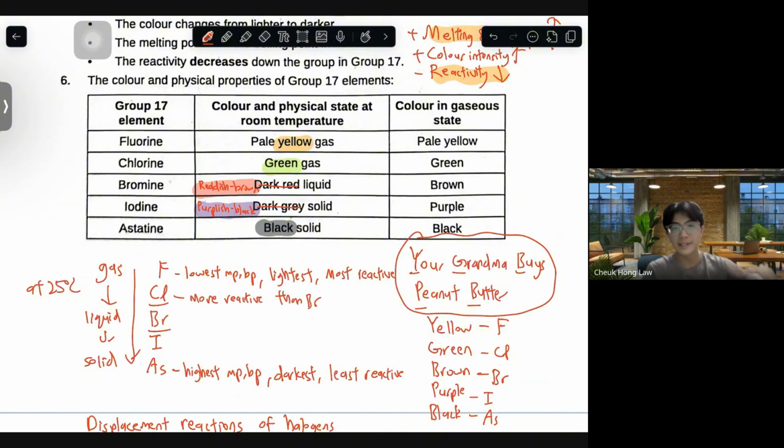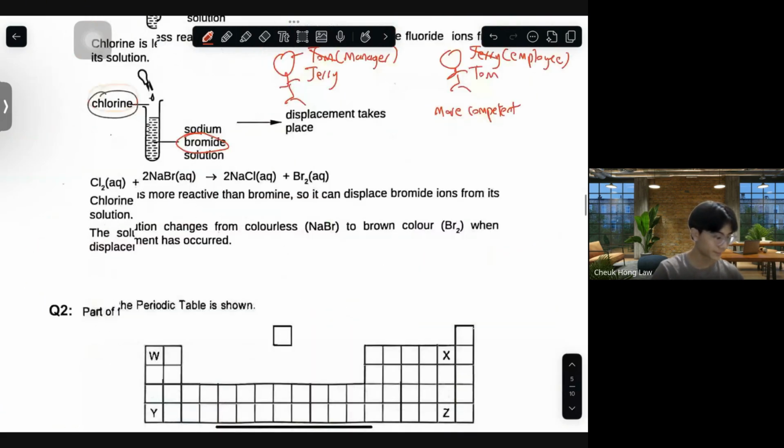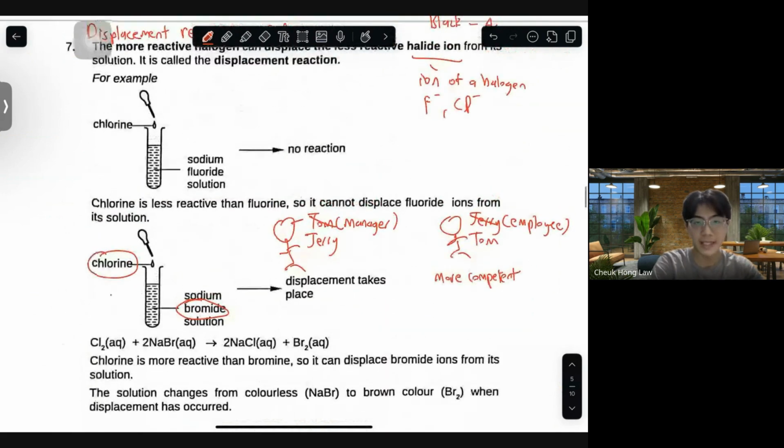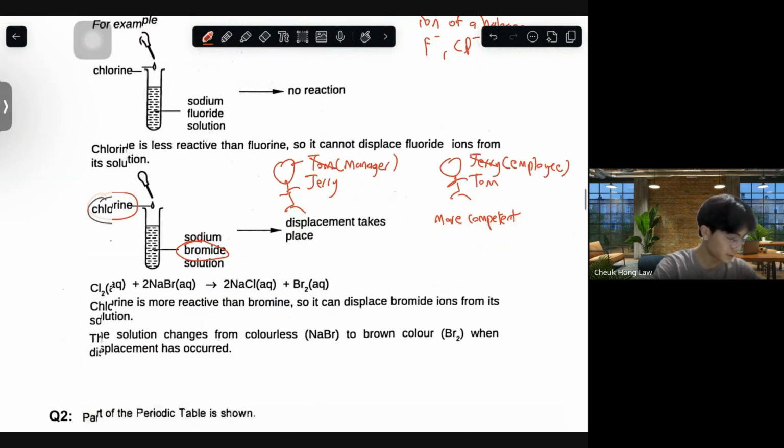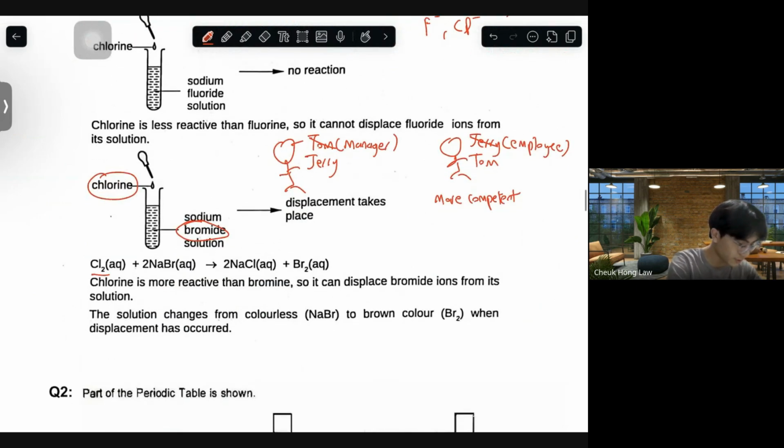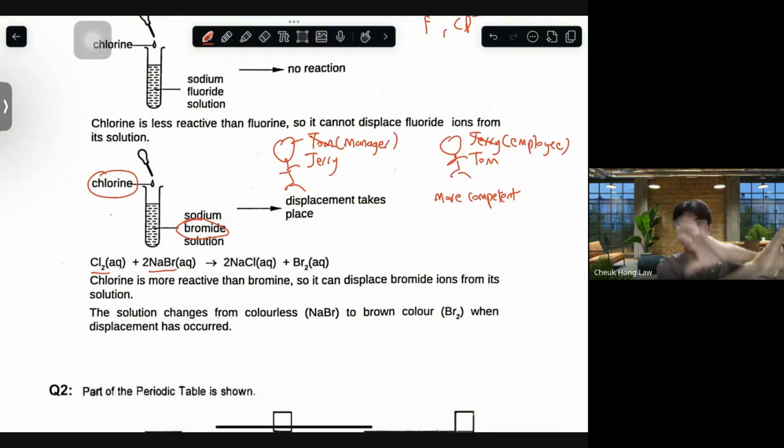So since chlorine is above bromine in the group, chlorine is more reactive than bromine. Since it's more reactive, it is able to displace the bromide ion from sodium bromide. So once it displaces, they basically swap position. Now you have sodium chloride and bromine.